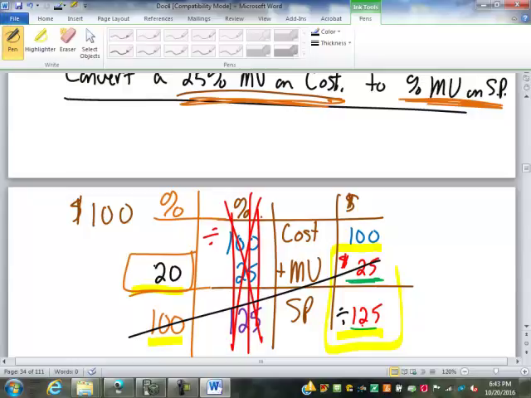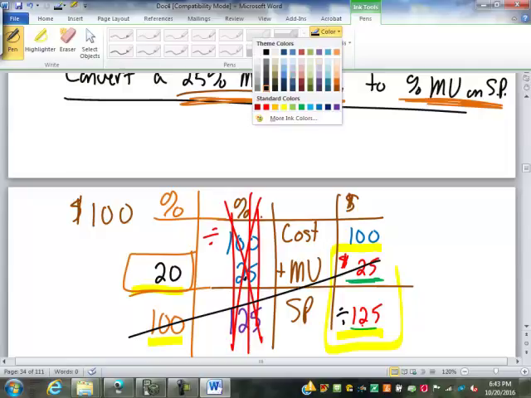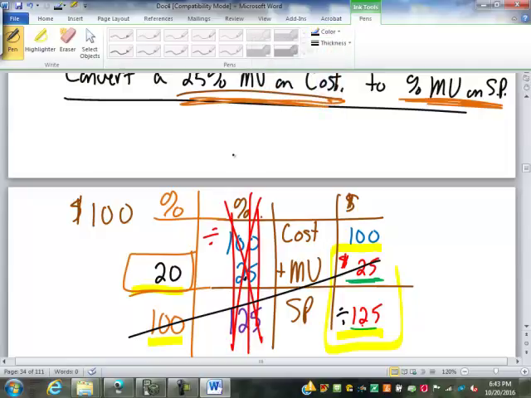So that 25% markup on cost is equivalent to a 20% markup on selling price. We're going to look at a few more examples of this.